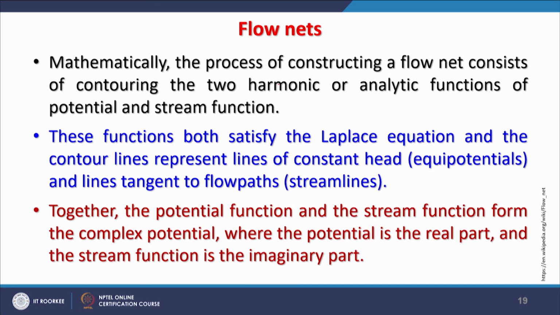Together the potential function and the stream function form the complex potential, where the potential is the real part and the stream function is the imaginary part. We consider it like this when discussing the mathematical part.